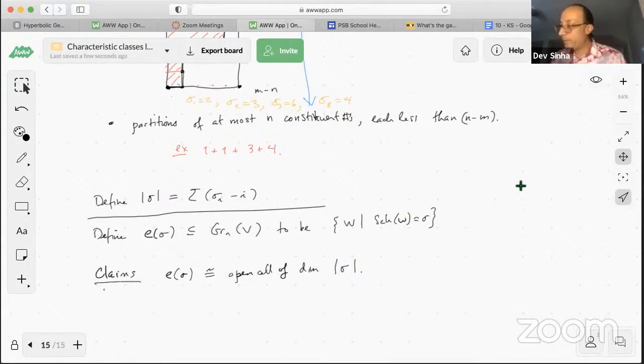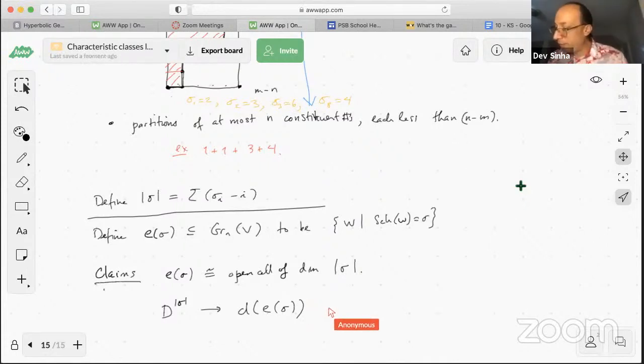And so then what I can do is define a map from a closed cell, the disk of this dimension, to the closure of E sigma. First, it does extend from the open disk to the closed disk. I think that just follows by compactness.